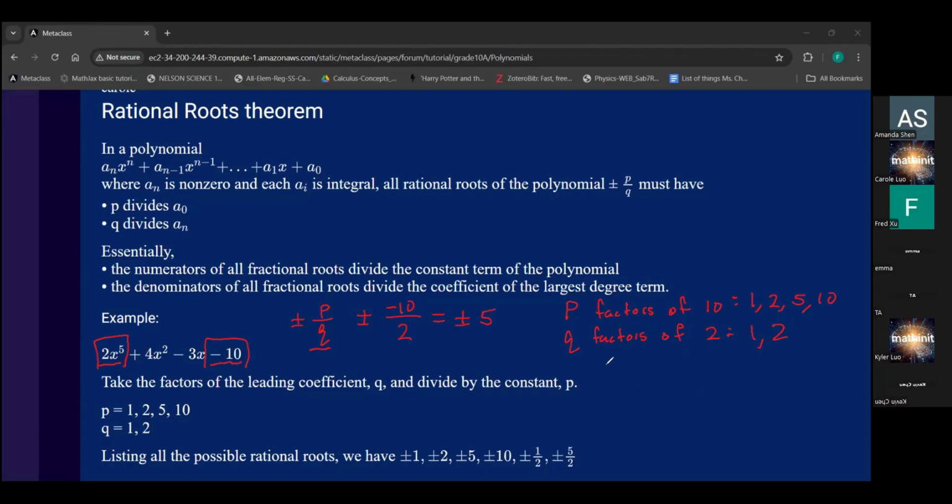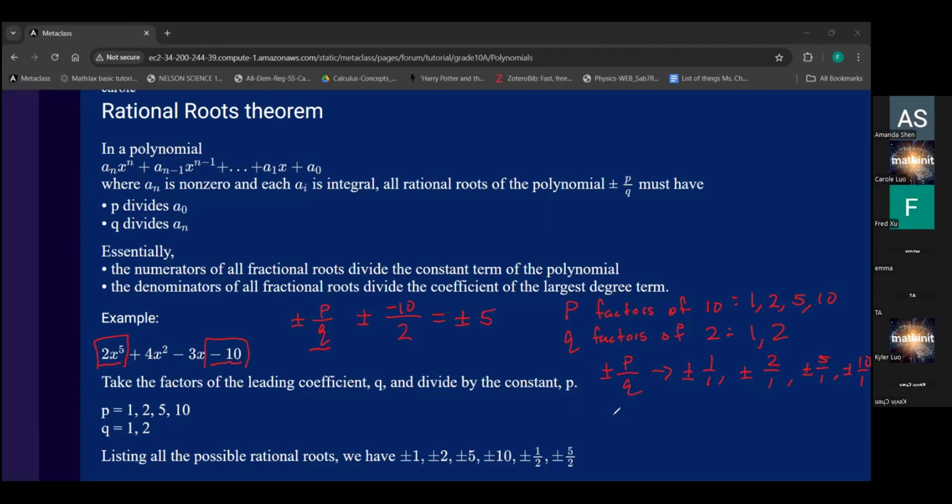So given that it is plus or minus P over Q, you can write this as, let's start off with Q equaling 1. So it can be plus or minus 1 over 1, plus or minus 2 over 1, plus or minus 5 over 1, and plus or minus 10 over 1.